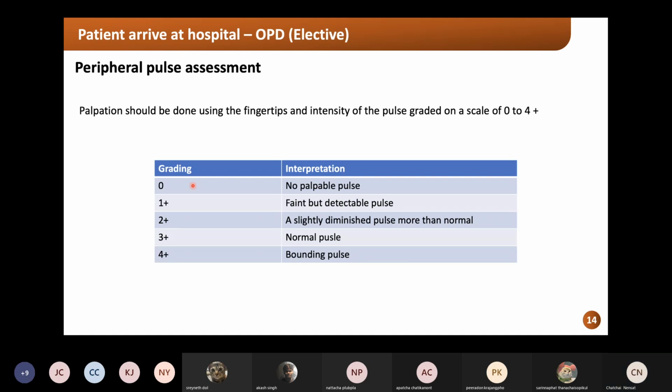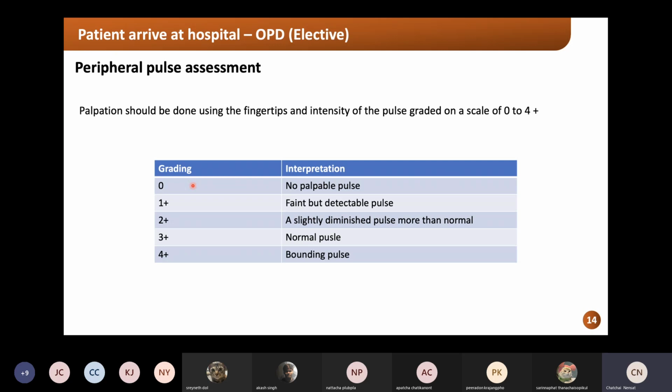Three is just the normal pulse of the patient. But in case you feel a strong pulse that hits your fingers, you can grade it 4 plus.